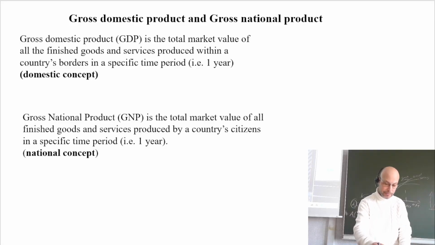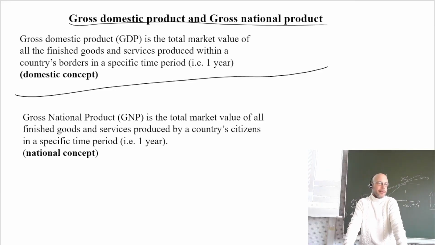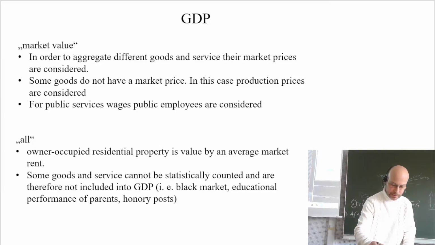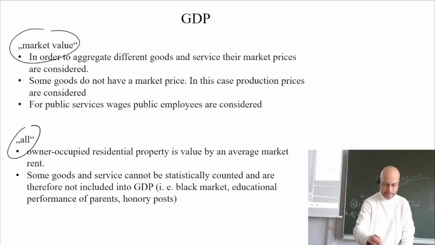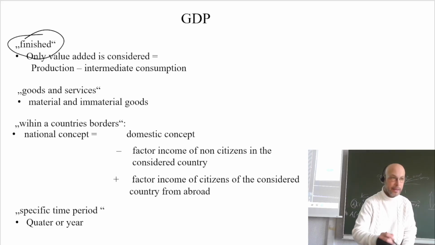Then, of course, gross domestic product, the worst measure for economic performance, except all other possible measures. And that you also know within these definitions what is meant by market value, what is practically meant by all, what means especially finished.